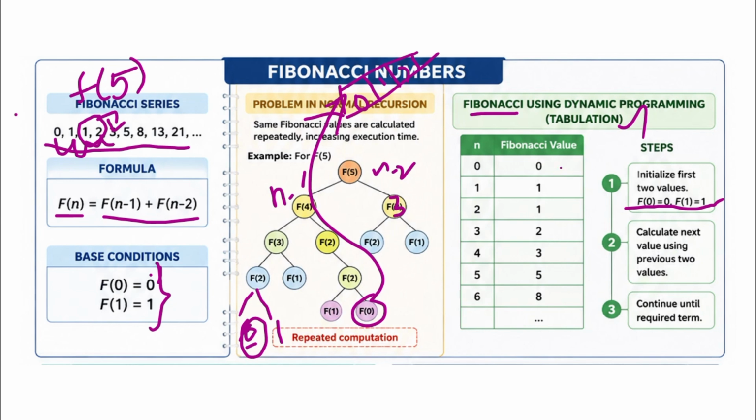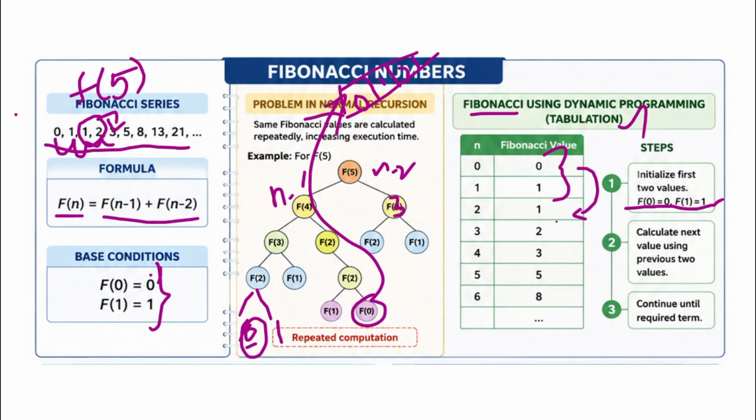Here the for loop starts from 2, i equal to 2. So to calculate f of 2 we need these two values, f of n minus 2 and f of n minus 1. We need f of 0 and f of 1, right? These two values are already in the table. So just take the values from the table, add them and find the new value f of 2. That new value is also stored in the table for future use.